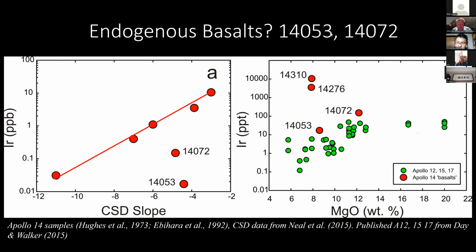So this doesn't change the problem, because even if you end up with a differentiated impactor striking, let's say, Imbrium, and the core of it goes deeper into Imbrium, and you say, okay, that explains why you have these troctolitic compositions, radiogenic HSEs, whatever, the problem is the rest of it is HSE devoid.